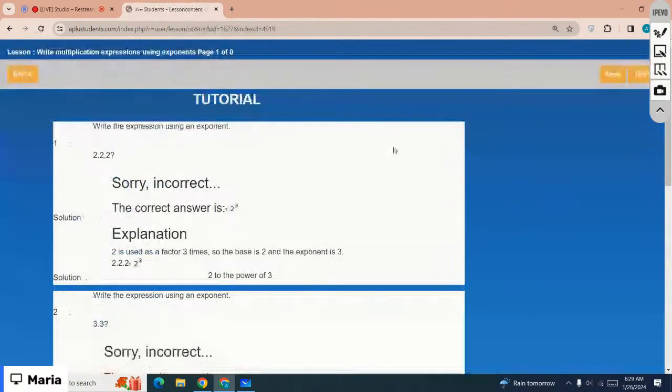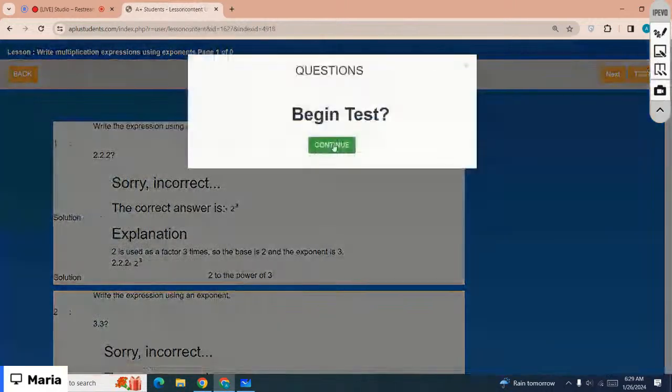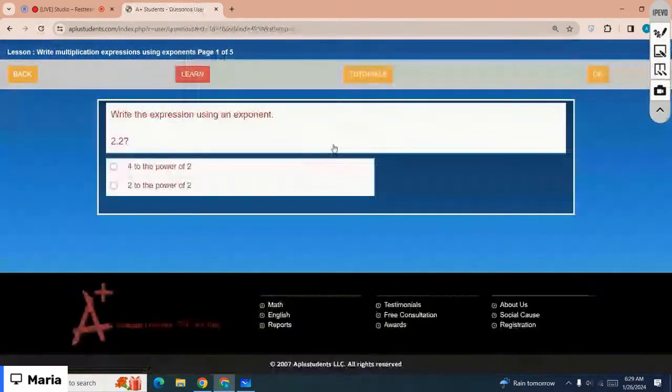So you have to write down the multiplication expressions using exponents. Let's just start with the first example. Write the expression using an exponent.